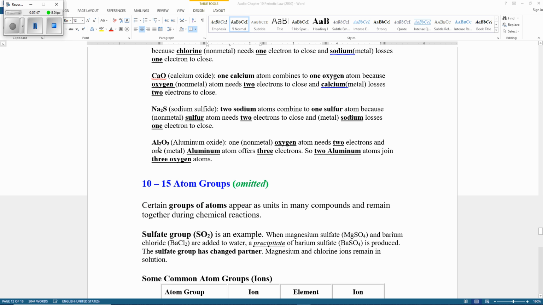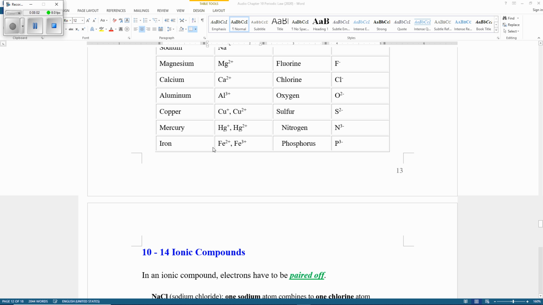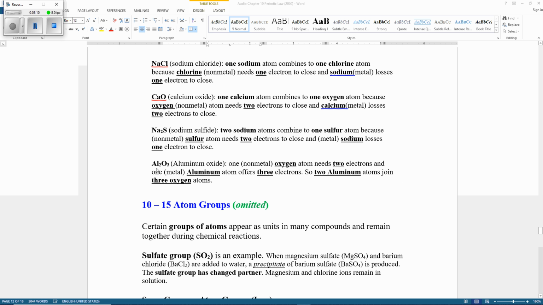Now when aluminum and oxygen combine, we call it aluminum oxide. See 2 and 3. Why? Because aluminum wants to give 3. We just follow this table here. Aluminum wants to give 3 and oxygen needs 2. So every 2 aluminum atoms combine with 3 oxygen atoms.